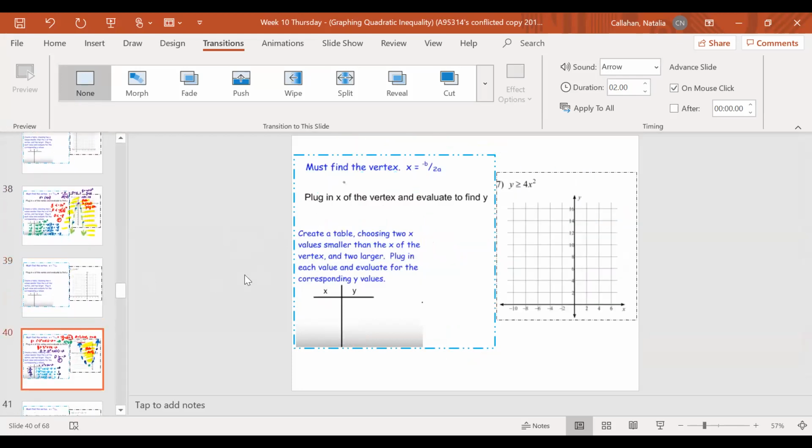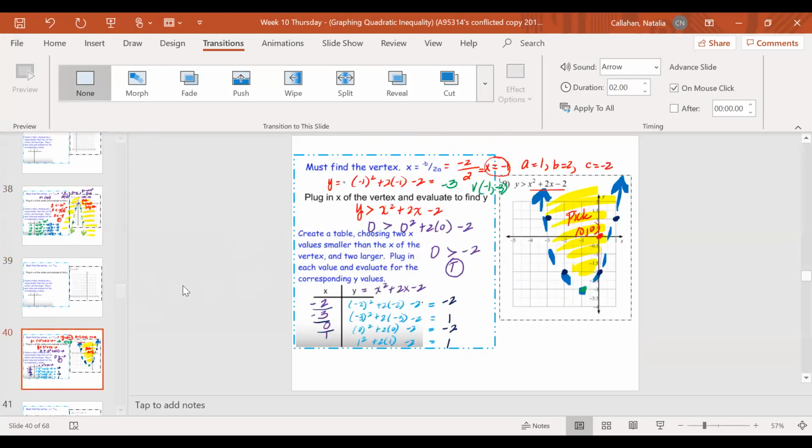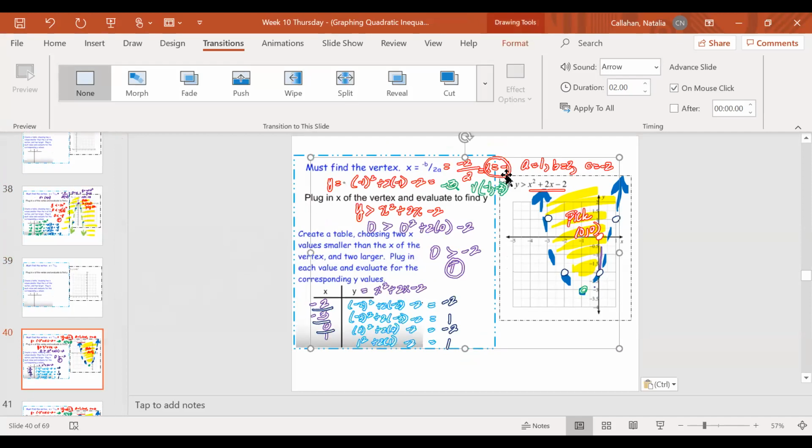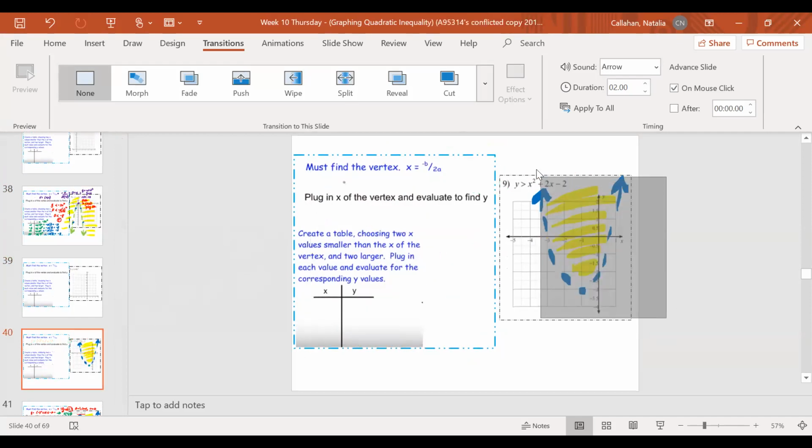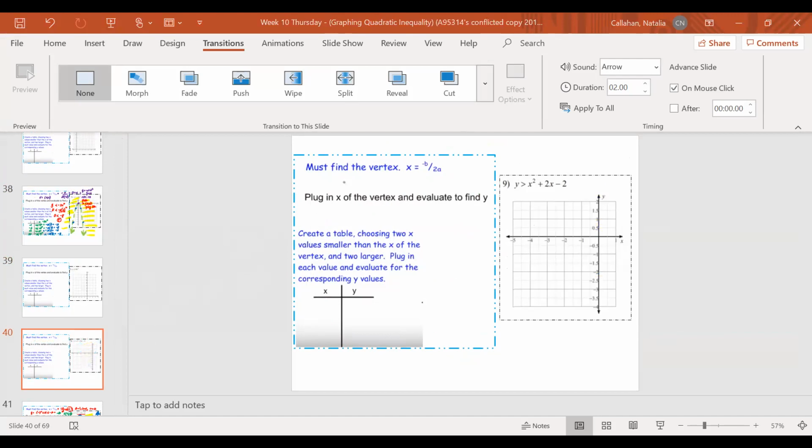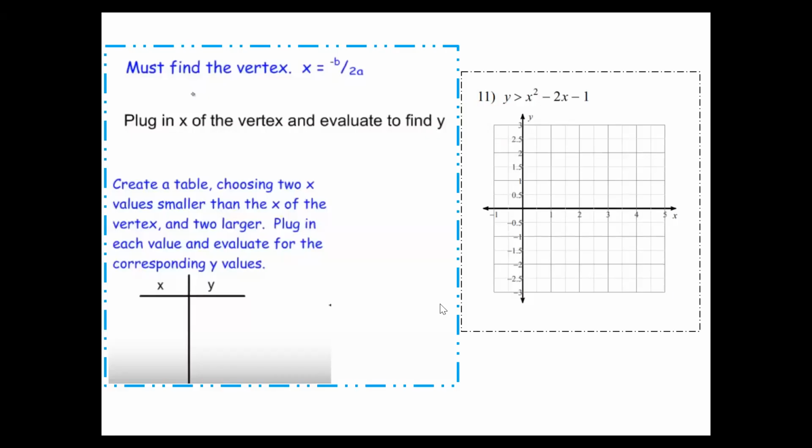Looking at number 9, ask yourself what would be your first step for this. If you're not sure, that's okay. Let's go ahead and go over number 11 first, and then maybe you'll go back to number 9 and try that one on your own.